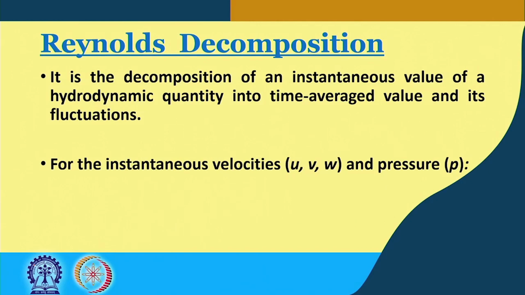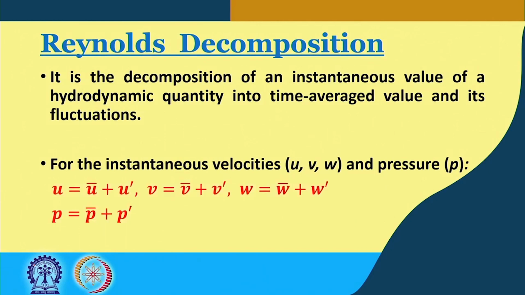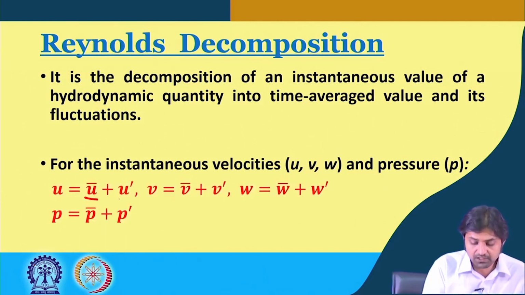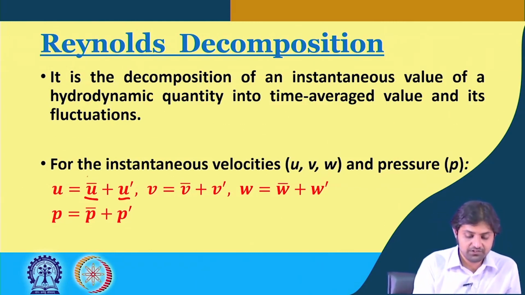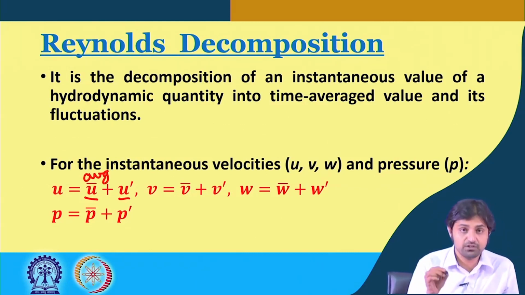So here for the instantaneous velocities u, v and w and pressure p, u can be written as u bar plus u dash.